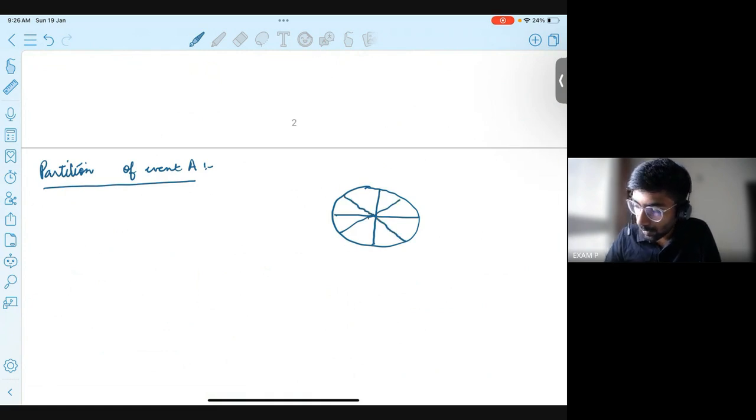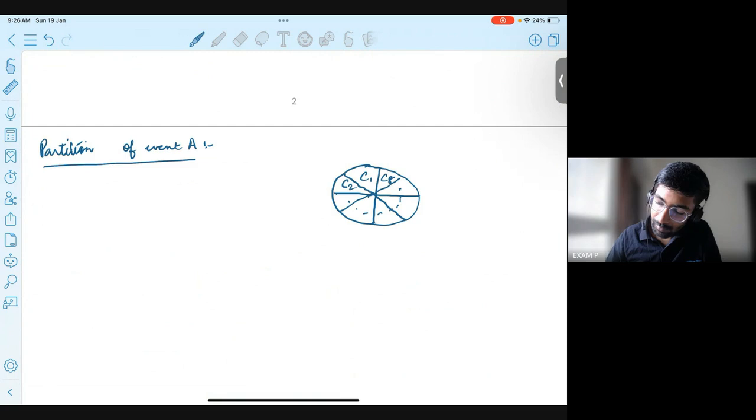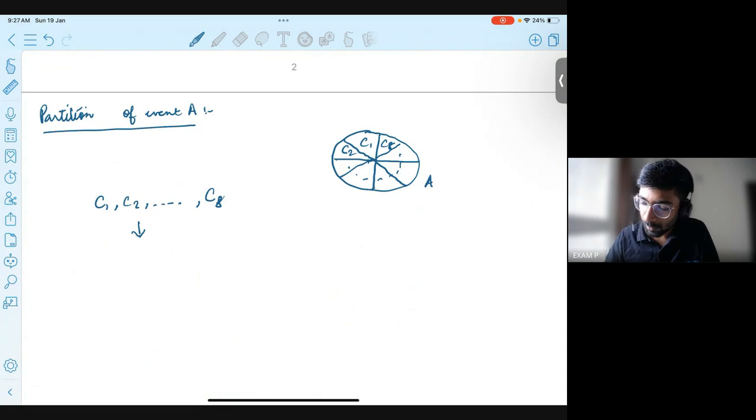So partition would be, let's say C1, C2 and so on, if you go up to C8, okay? So these C1, C2 and up to C8, these are called partition of event A. Let's say this was the entire event A ka set. Then these are called partition of event A when there's a condition.